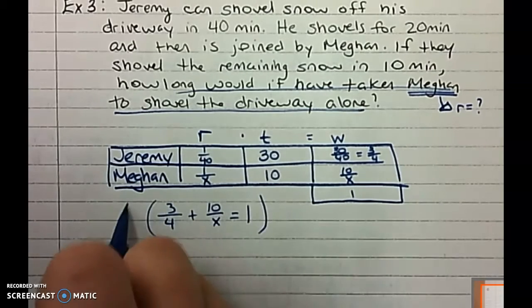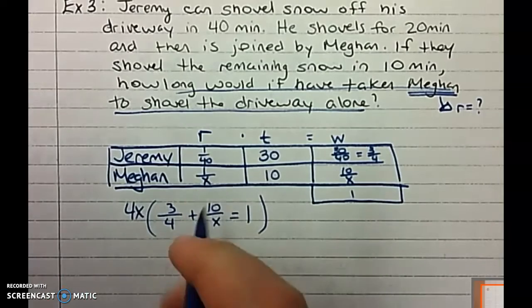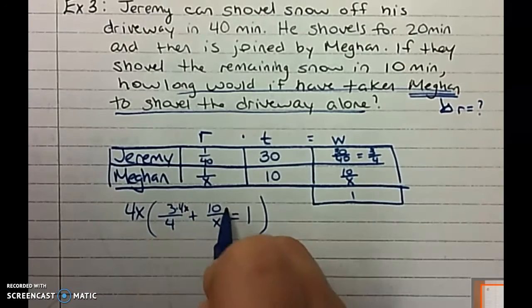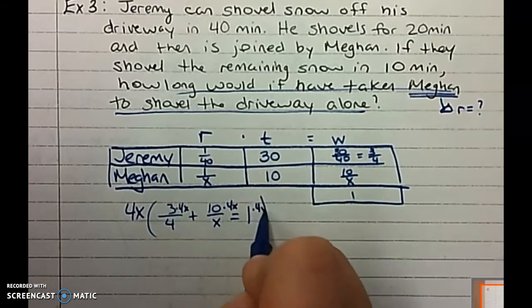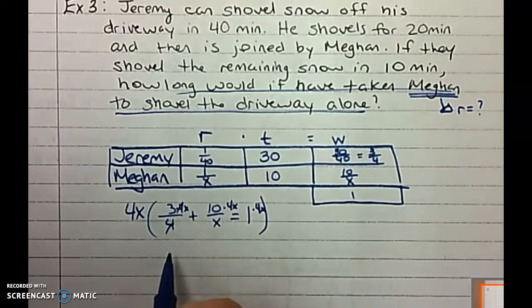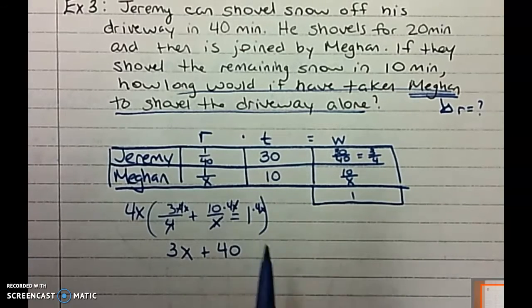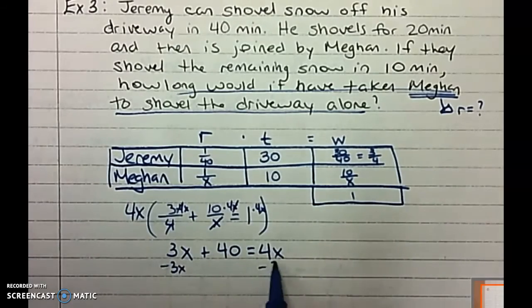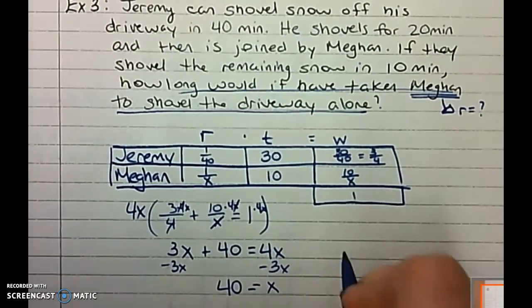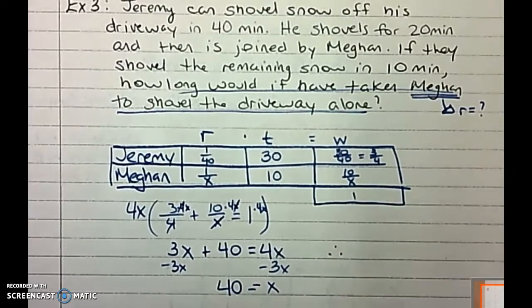We can multiply everything by 4x. We have a rational equation. So times 4x, times 4x, times 4x. We're left with 3x plus 40 equals 4x. So this is a quick solve. We're going to get x equals 40. So if Megan had been working by herself, she could have gotten the driveway shoveled by herself in 40 minutes.